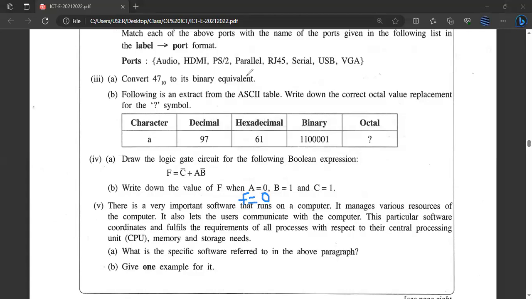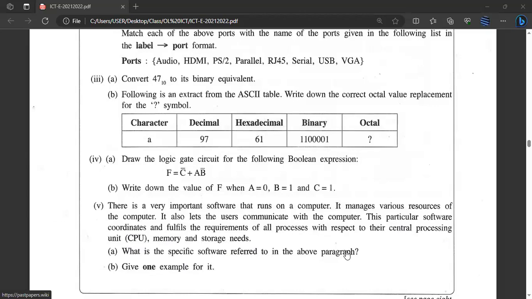So next question, there is a very important software that runs on a computer. It manages various resources of the computer. It also lets the users communicate with the computer. This particular software coordinates and fulfills the requirements of all processors with respect to their central processing unit, CPU, memory, and storage needs. What is the specific software referred to in the above paragraph?